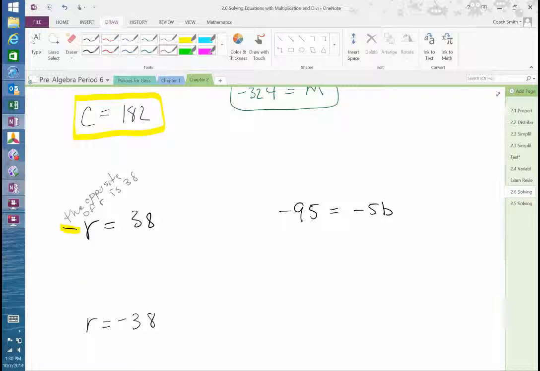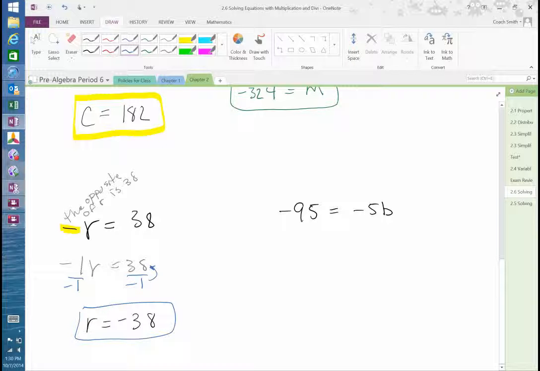The other way to look at it: you're really dividing both sides by negative 1. Negative 1 into 38 gives us negative 38.